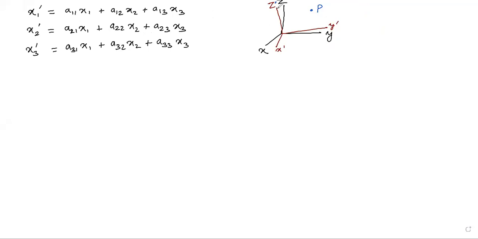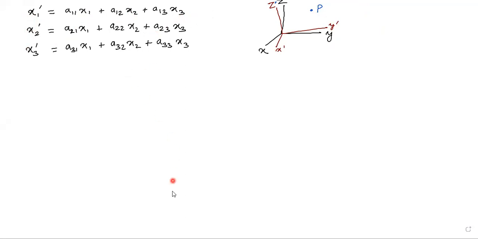Okay, this is fine. So here, let me use a spotlight. Here, x1 is actually x, x2 is y, x3 is z. So this is x prime, y prime, z prime. This is x, this is y, this is z.